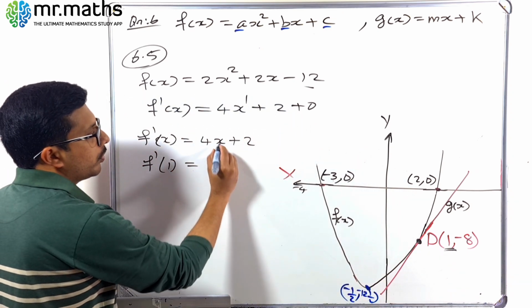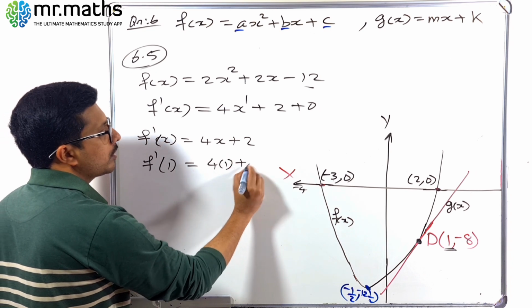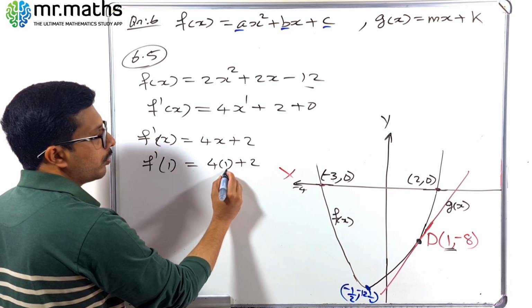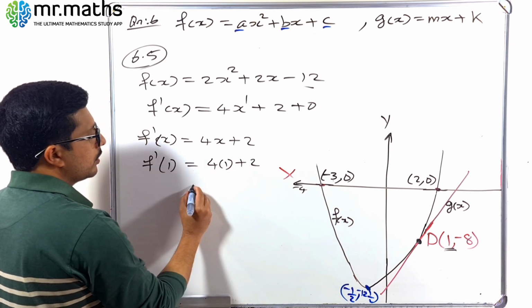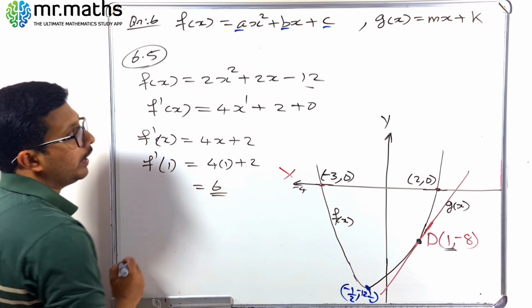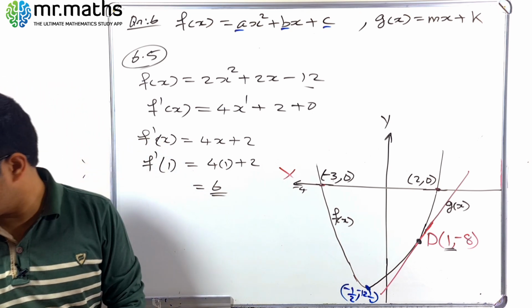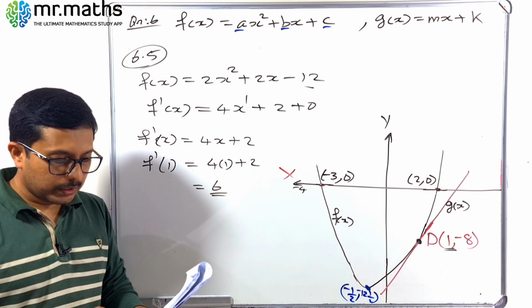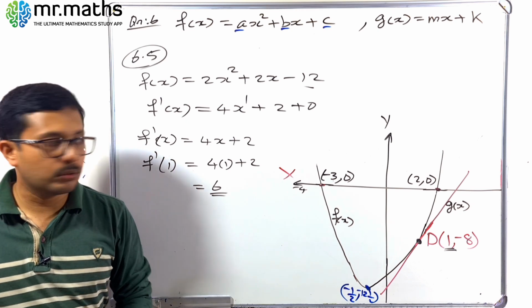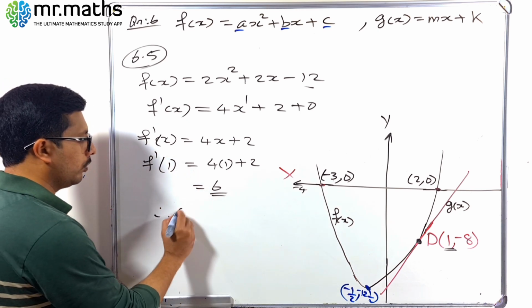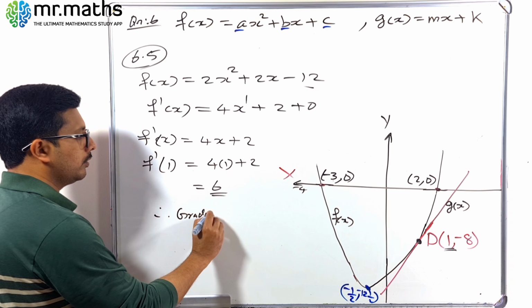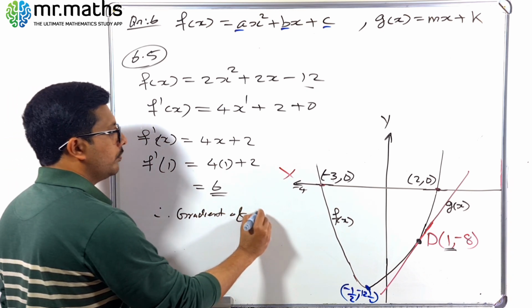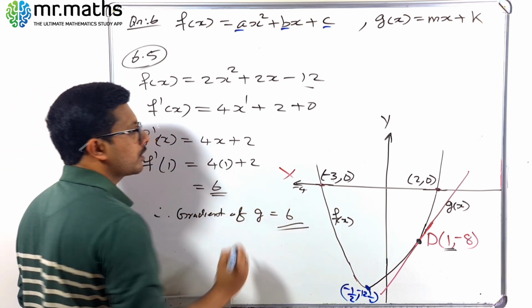So it is 4 into 1 plus 2. 4 into 1 is 4, 4 plus 2 is 6. So what is the question? Look at question number 6.5. Calculate the gradient of g. Therefore the gradient of g is equal to 6.